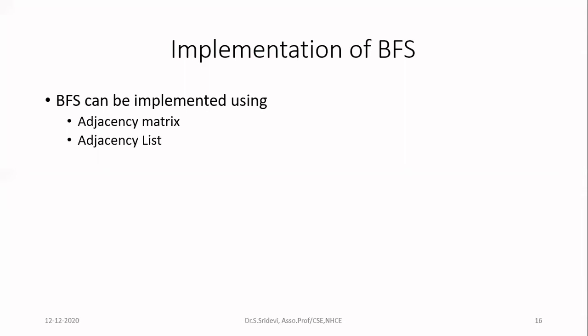The reason is in case of sparse graph, the maximum number of edges will not be present. So in that case, don't go for the adjacency matrix, go only for the adjacency list. Suppose if your graph is a dense graph, that means almost all the edges are present in the graph. In that case, you go for the adjacency matrix.